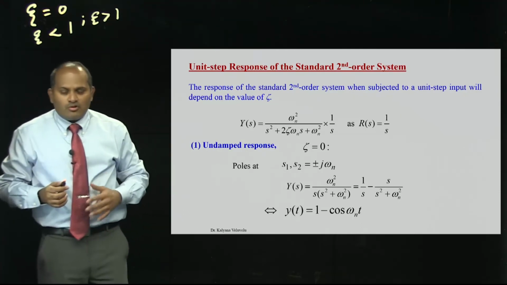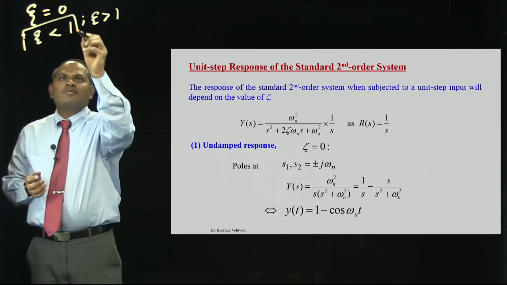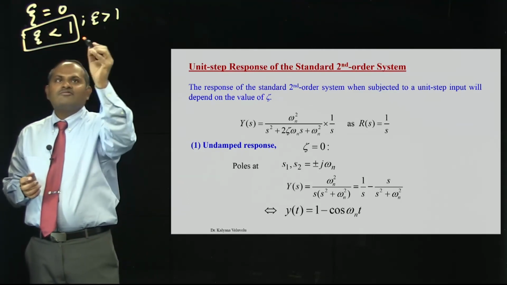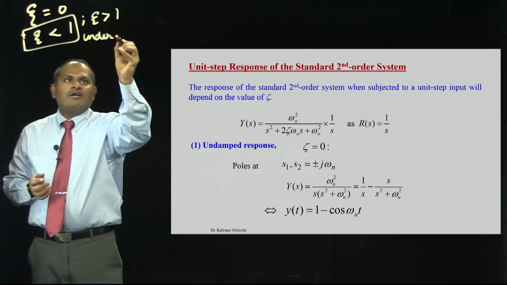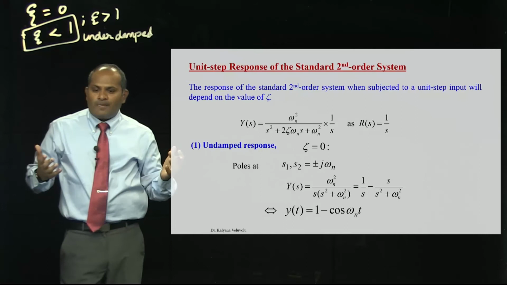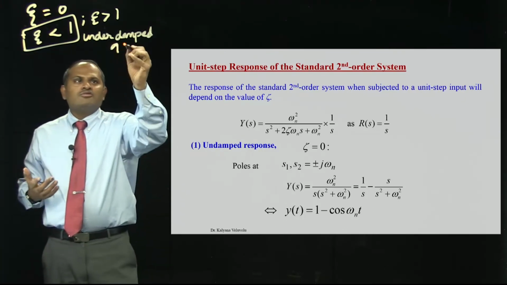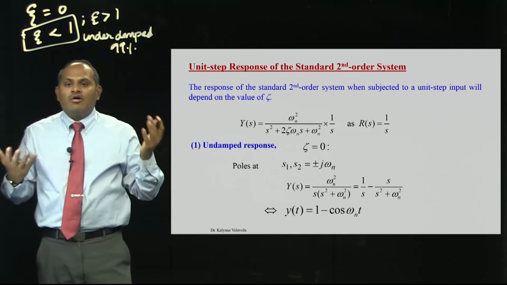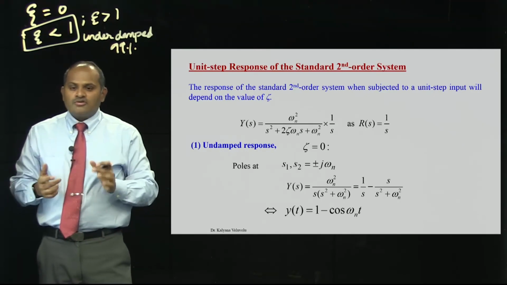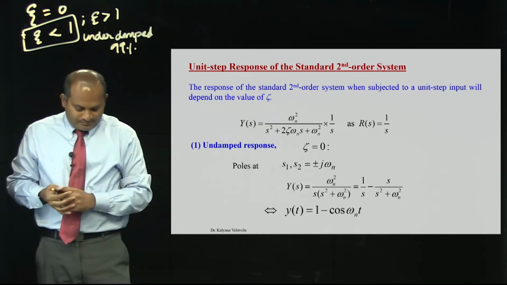These kinds of systems are not very common. So of all the systems, this is what we call underdamped system. Underdamped system is one of the most popular, and this almost accounts to 99% of real world systems. Most of the systems in real world are underdamped systems.